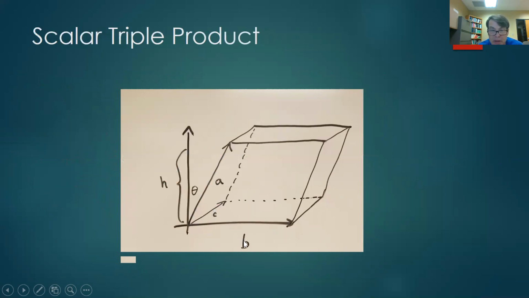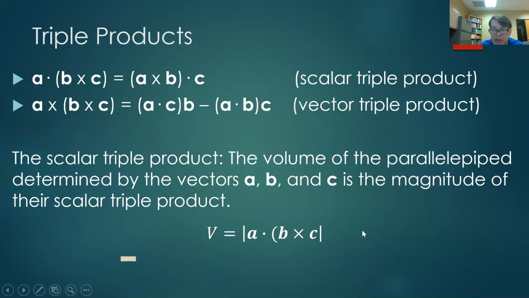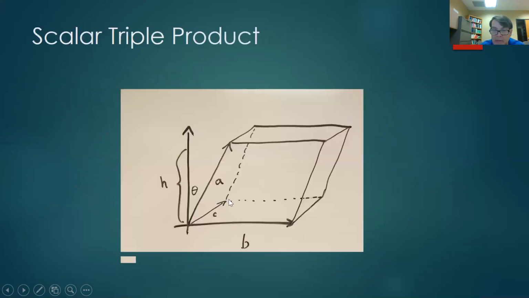Well, we know it's going to be B cross C. Remember we said earlier in the video that the area of this parallelogram is B cross C. So that's the area of the bottom parallelogram here, B cross C. And so to find the volume of the parallelepiped, the three-dimensional parallelogram, we're going to multiply the area of this bottom parallelogram times the height of the parallelepiped.